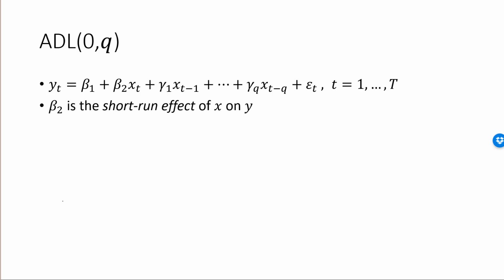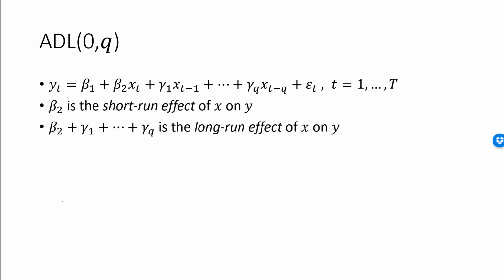We interpret it as the immediate effect that a change in advertisement this period will have on revenue in this period. It's short run because we know that this increase that we make in this period will not only affect this period's revenue, but it will also affect future periods' revenue. So therefore it's the short run and not the long run effect.